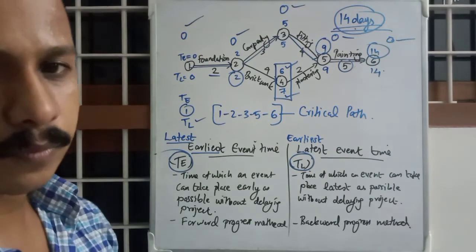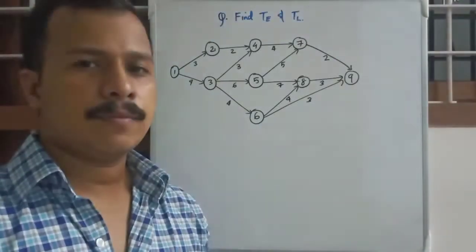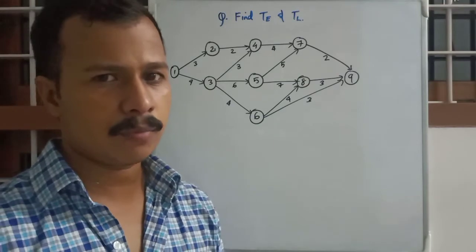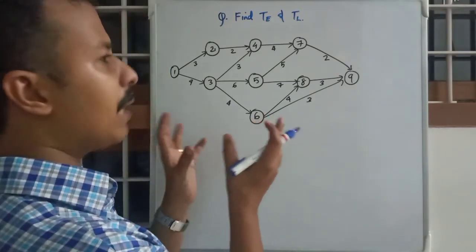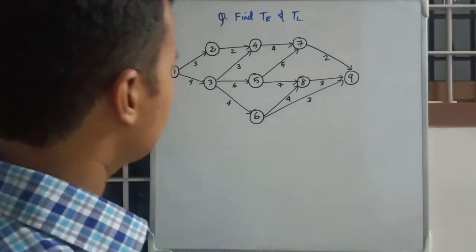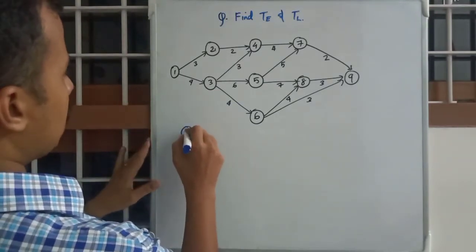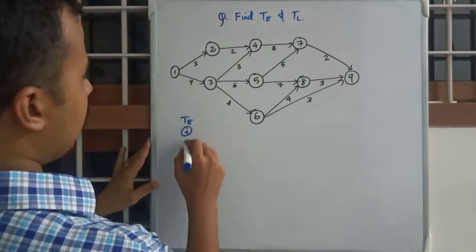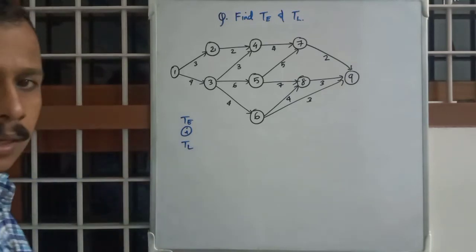Next we will try to do a question. This network diagram is what we are going to do next because it is of considerable size, and this is the type of questions you need to expect to answer. The last one was too simple. TE will be expressed at top and TL will be expressed at bottom.